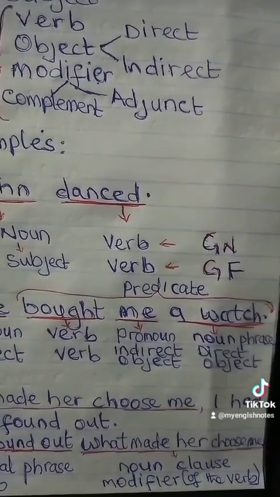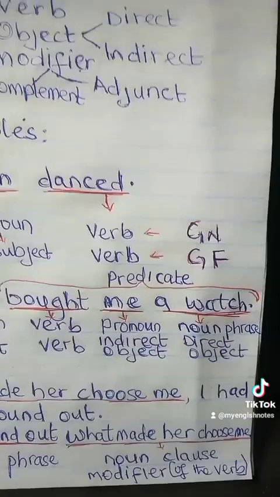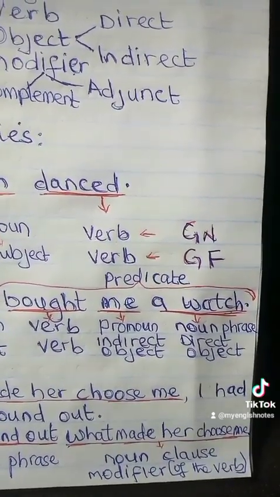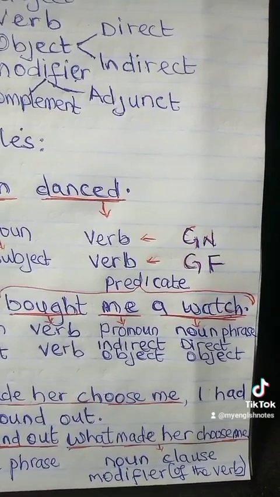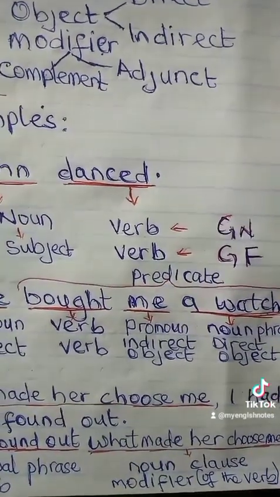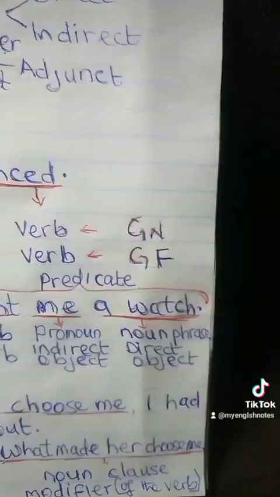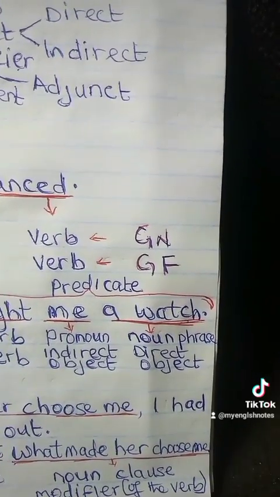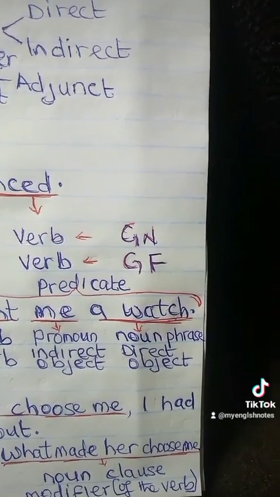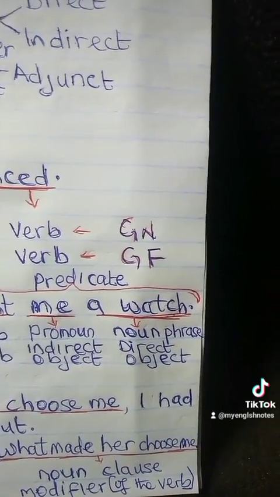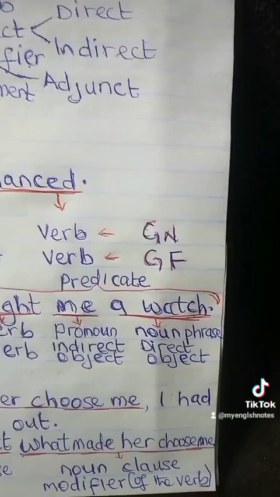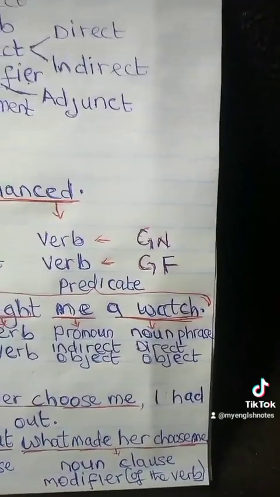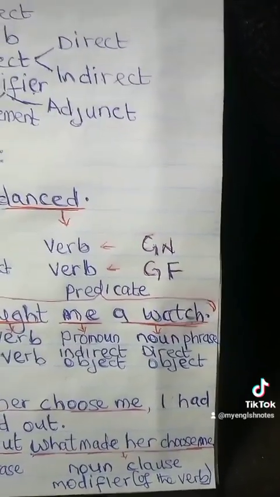Me is an objective personal pronoun, and it is functioning as the indirect object in this sentence. While a watch is a noun phrase, you can see that it begins with a determiner, an indefinite article, and that makes it a noun phrase, and it is functioning as the direct object. So she bought a watch for me.